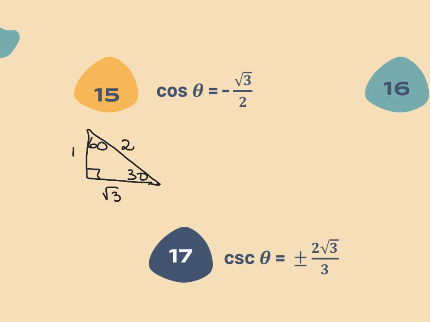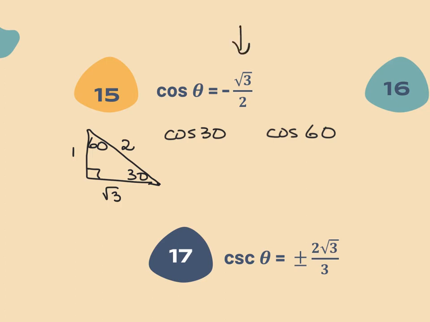I'm not worried about signs here. I'm just worried about the placement of the 1, 2, square root 3. Now, for this one, I need to figure out which angle, the 30 or the 60, when I plug it into adjacent over hypotenuse, gives me this answer.